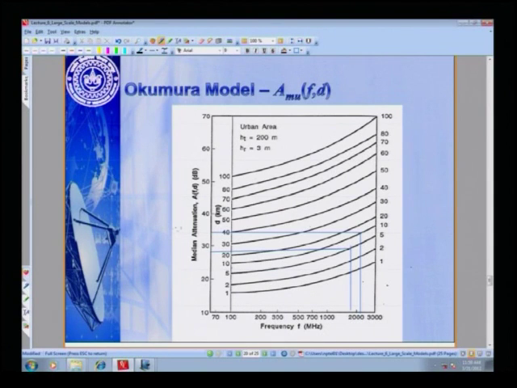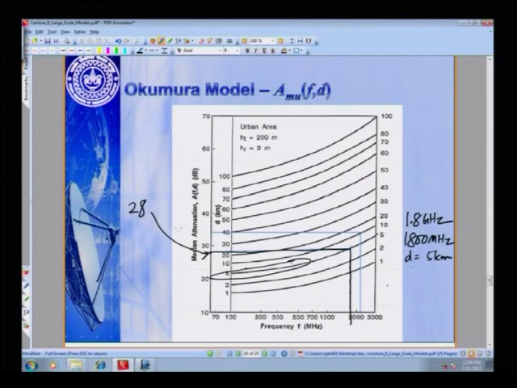If I want to look at the A mu factor at 1.8 gigahertz or 1800 megahertz, corresponding to a distance D equals 5 kilometers, this is the curve for the distance of 5 kilometers, and you can see that factor is something around 28 dB. So A mu FD at 1.8 gigahertz and 5 kilometers is roughly about 28 dB.